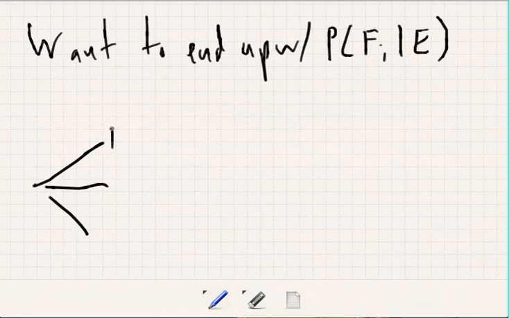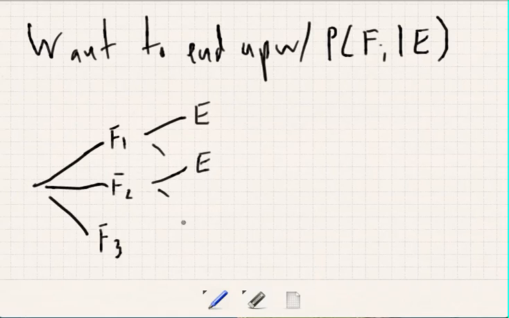And so the picture is sort of this. Let me simplify it down to three cases. We've got three things, F1, F2, F3, and each of them goes off to E and something else, maybe some other things.